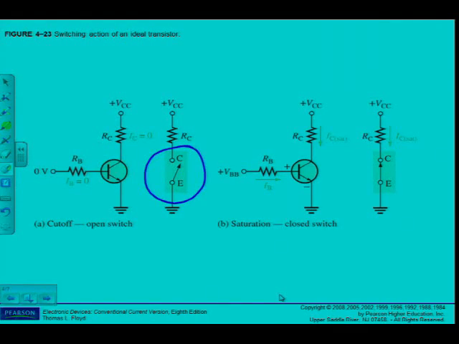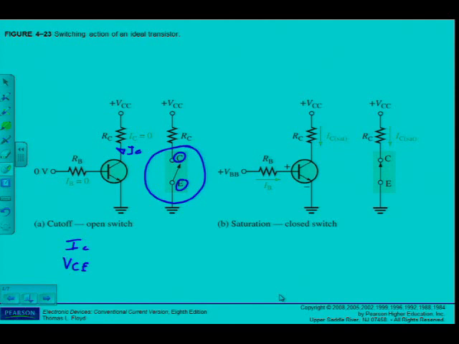When the transistor is in cutoff, it acts like an open switch, and we've seen what the parameters are then. The parameters are IC and VCE. So that is the current flowing through the switch, IC, and VCE is the terminals, collector, emitter, where my switch is over.